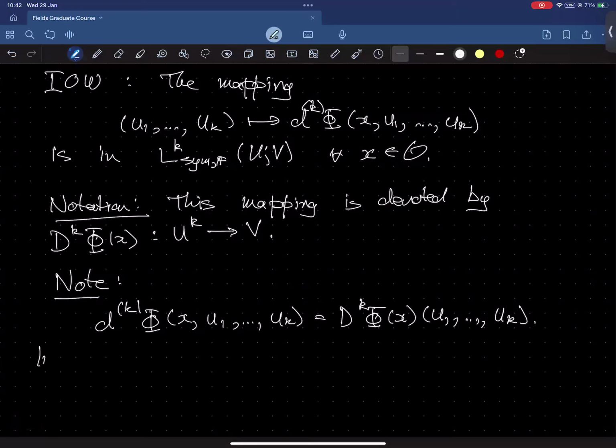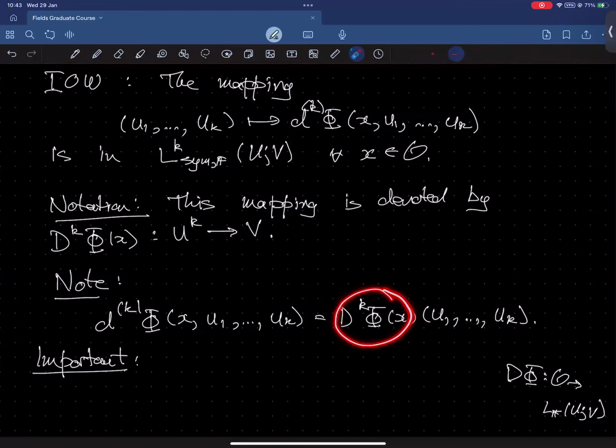So, important. When we talked about the derivative, I said that big D phi is a mapping from O into the set of linear mappings from U to V. Here, D^k phi is a mapping from O into the symmetric multilinear mappings.